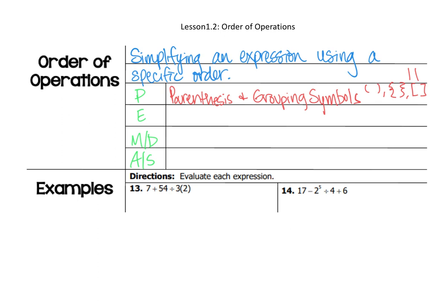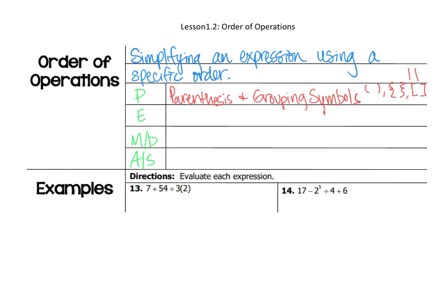Now, sometimes in math, parentheses can be multiplication, but other times parentheses have an arrangement of variables or numbers inside, and that means do what's inside the parentheses first, and then if there's anything outside the parentheses, do that next.